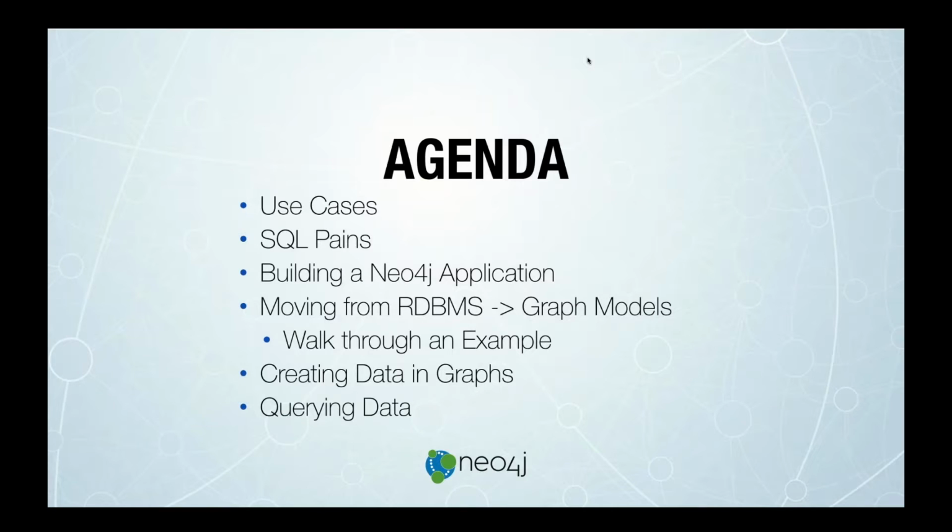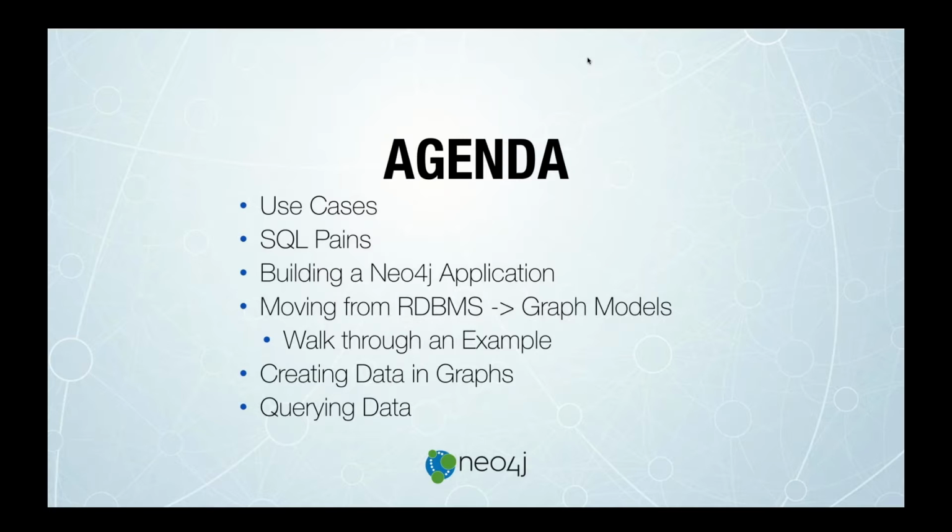So here's the rough outline of our agenda for today. We'll be talking about some use cases that make sense for graphs. We'll compare some of the issues that you may run into in a relational database with how that works in a graph database. We'll look at, from a technical perspective, how we build a Neo4j application, including looking at the query language and some of the language drivers.